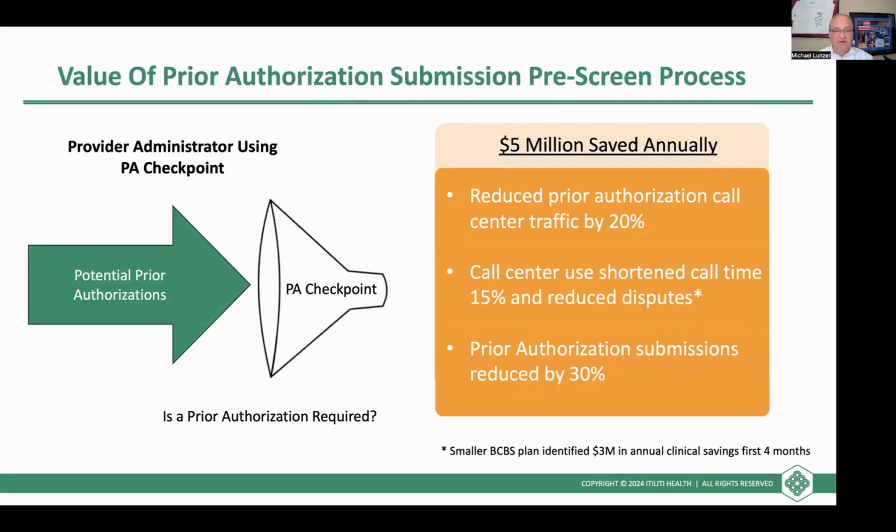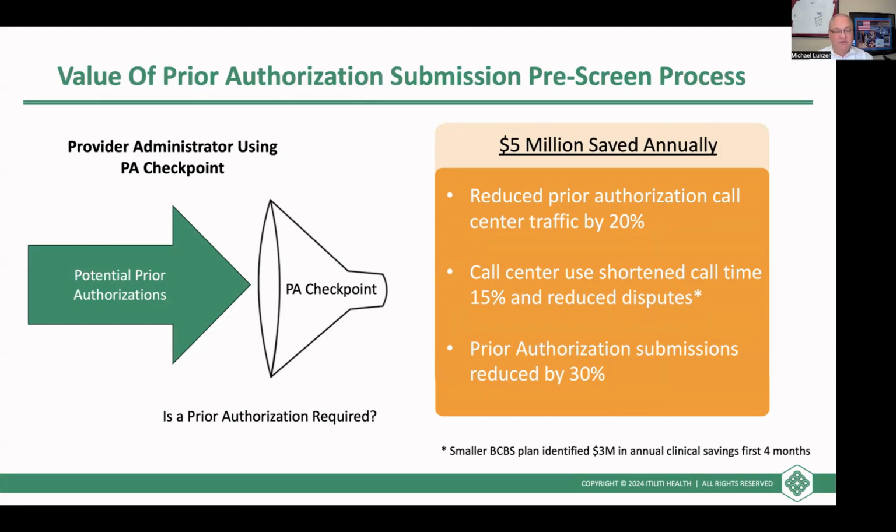Also, we've seen that the time the call center spends on calls with providers is significantly reduced as well, because now the health plan call center can use a very efficient tool to get a quick answer back to the provider. In addition, those call centers are now using an accurate tool. In the past, the call center had to use the same tools that the providers did.